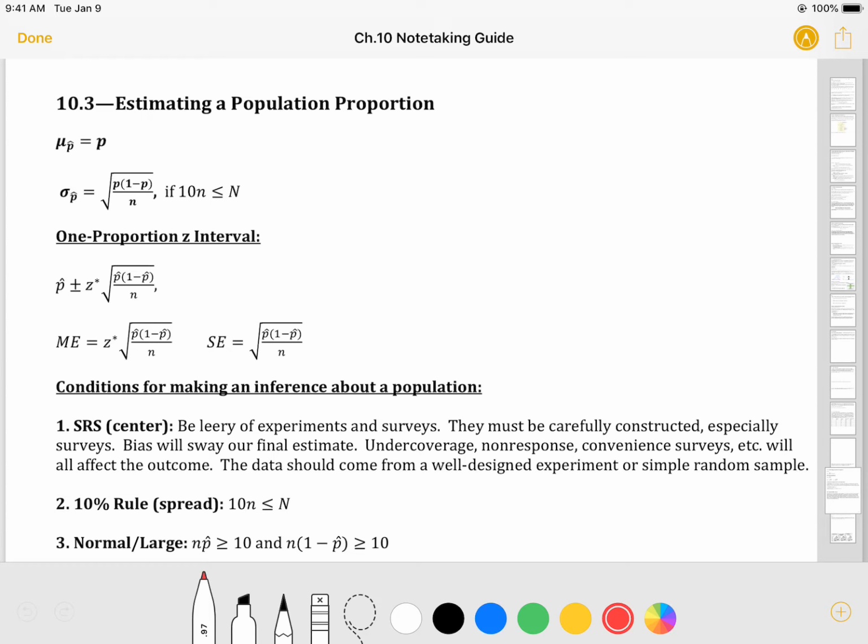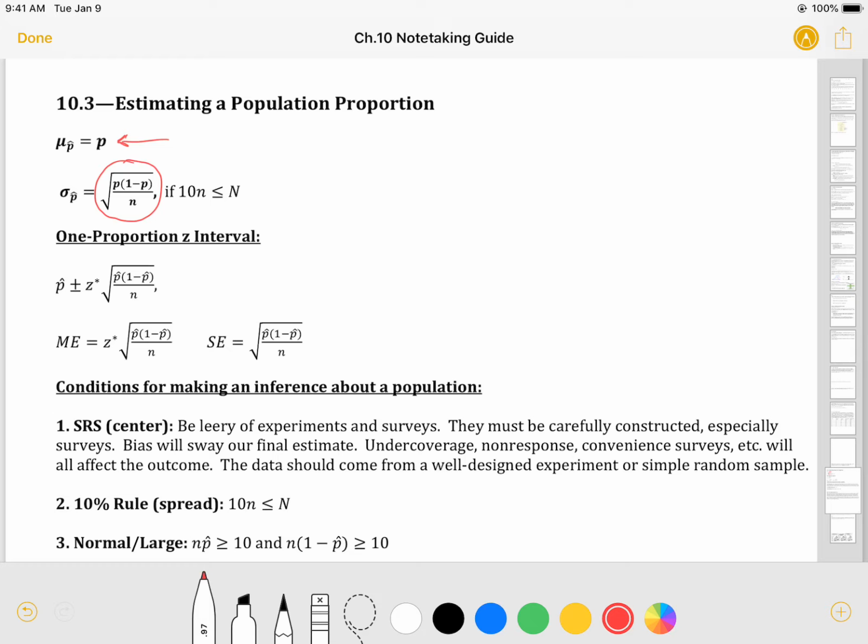We learned that the mean of the sampling distribution of our p-hats is going to equal our population proportion, which is p. And then we also learned that the standard deviation of our sampling distribution of p-hats is equal to the square root of p times 1 minus p divided by n, if the 10% rule checks out, okay?